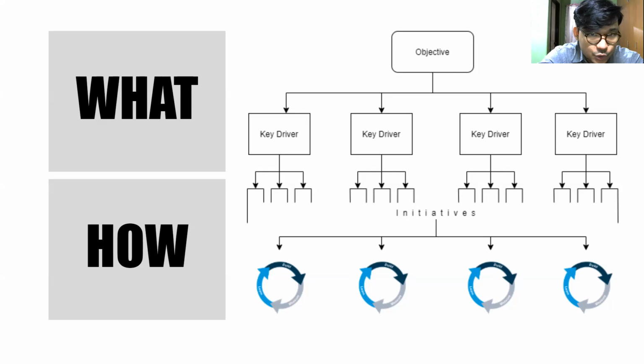What's a good example for this one? Let's go back to your grades, for example. In these subjects, what are the key variables? You have your different assessments, your quizzes, your assignments. These are your different variables. And then how do you approach these assessments? Your initiatives, so your study habits.